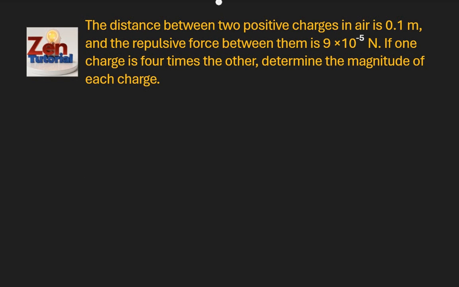Distance between two positive charges in air is 0.1 meter. So here is one, and another one is here. This is A and this is B. Two positive charges. Let's say this is Q1 and this is Q2.